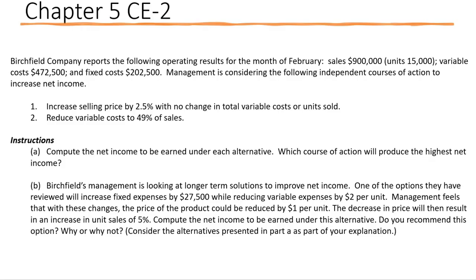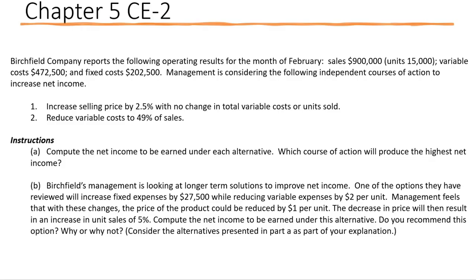Second one, we can reduce our variable costs to 49% of sales. Okay, so we need to compute net income under each alternative and decide which one will produce the highest net income. And then secondly, we're going to look at some longer term solutions to improve net income.